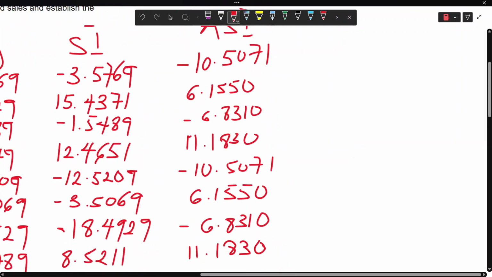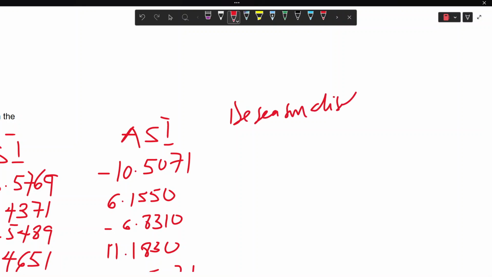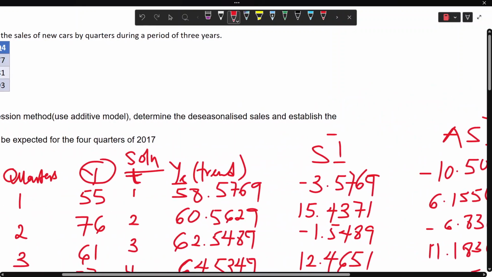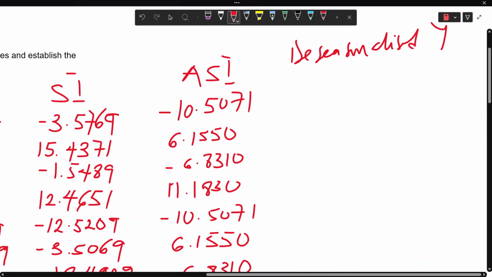Okay, now let's go ahead to deseasonalize our y values. So we have deseasonalized values or deseasonalized y. How do you get deseasonalized y under the additive model? It's your actual y minus your ASI.